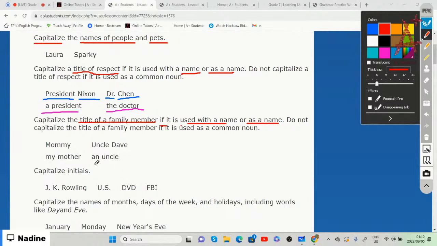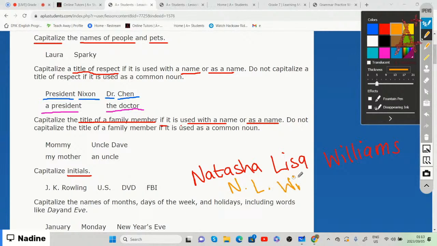All right. We also capitalize initials. So if you have two names, let's say your name is Natasha Lisa Williams, and they say you need to write down your initials and surname, for example, then you are going to say N L Williams.